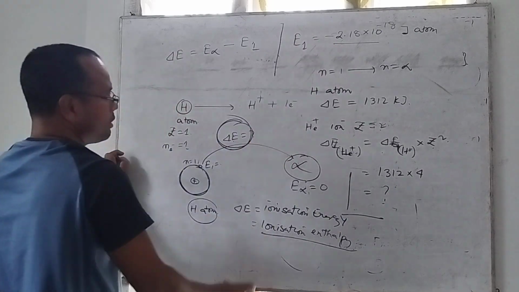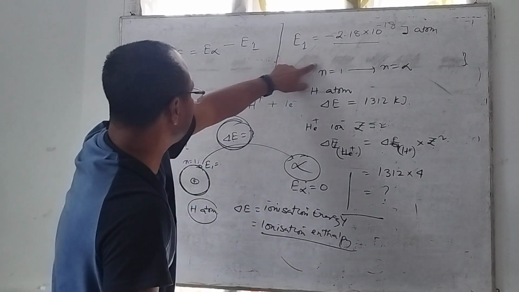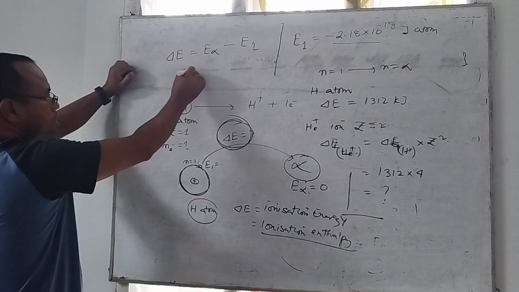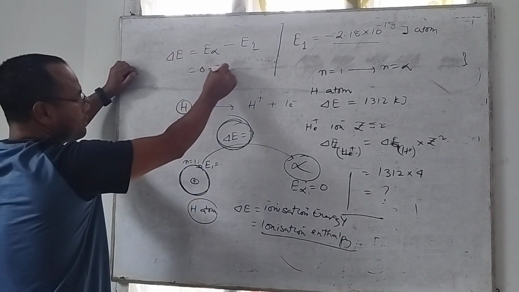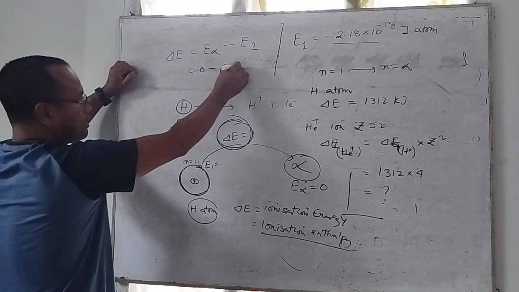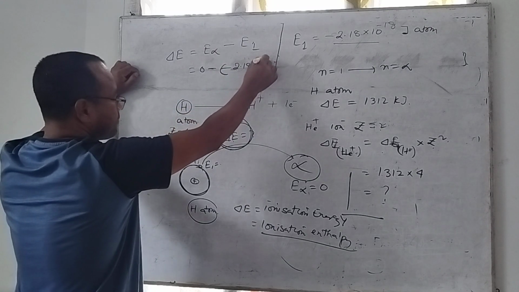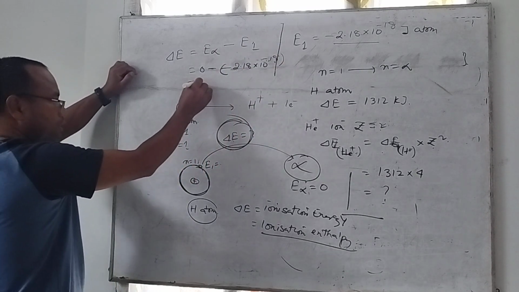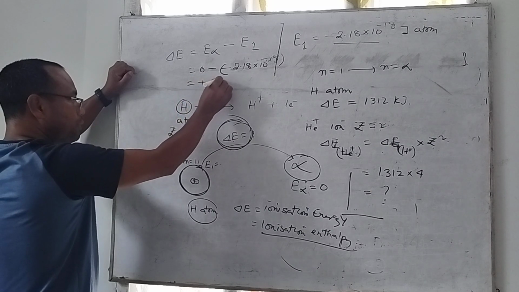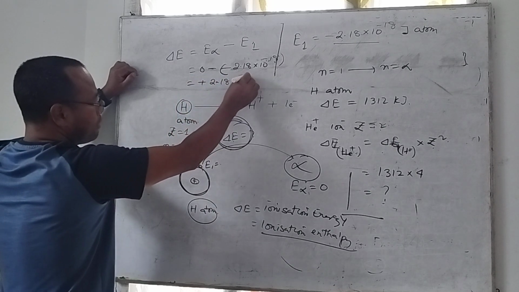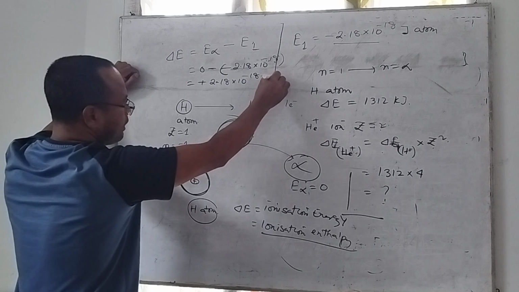If this value is given, we can put it here, and E infinity is already 0, and now minus, again minus, the answer is plus 2.18 into 10 to the power minus 18 joule per atom.